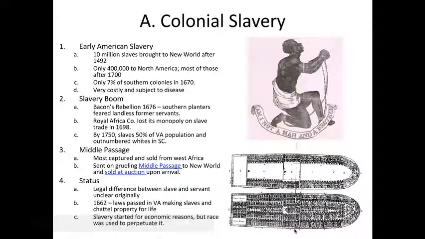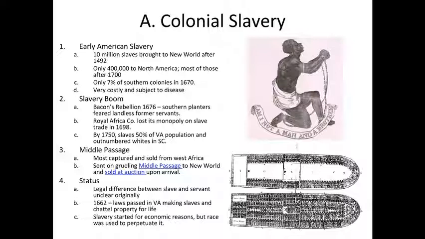Slavery started for economic reasons, but race was effectively used to perpetuate slavery and keep Blacks subservient to whites. They also used the Bible as well. We'll talk about that with Nat Turner's Rebellion, how heavily the Bible was used as an instrument to make African slaves subservient to white masters, using the Bible to legitimize that you should serve your master: this is what God intends you to do.